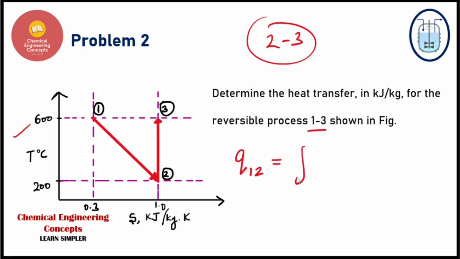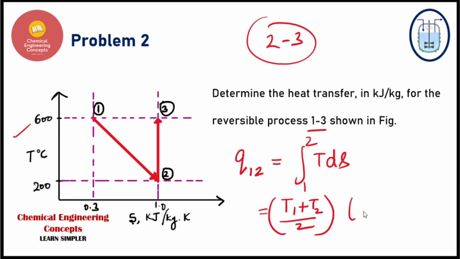This will simply be TdS from state 1 to state 2. And because you can see the linear change here from 1 to 2, you can write for the temperature, this is simply the average temperature multiplied by the entropy change, that is S2 minus S1, right?